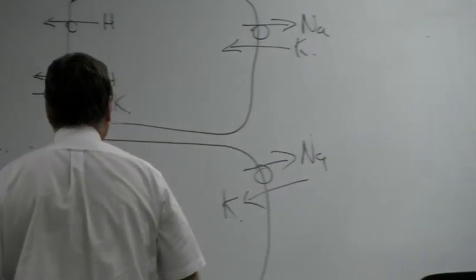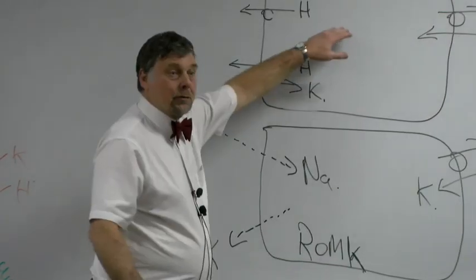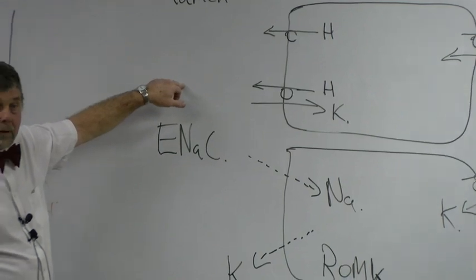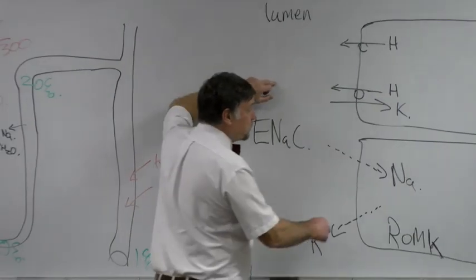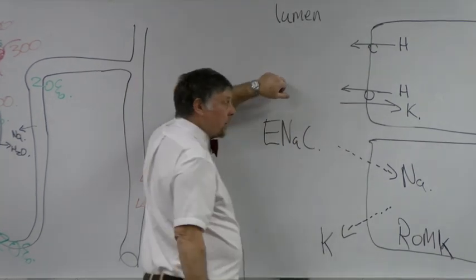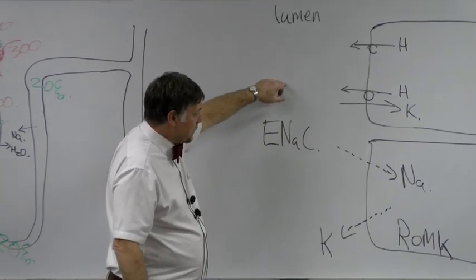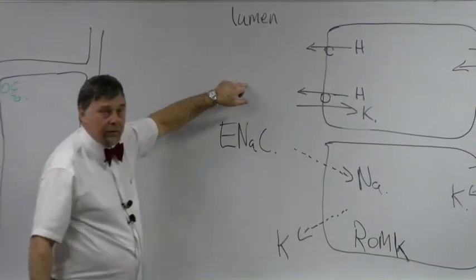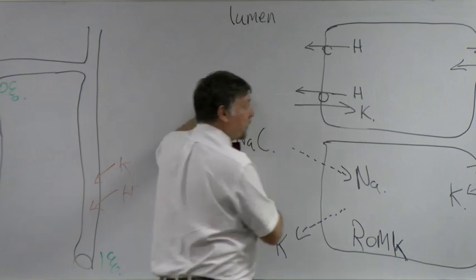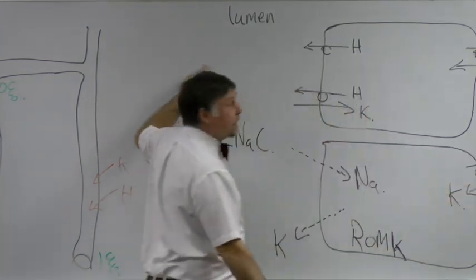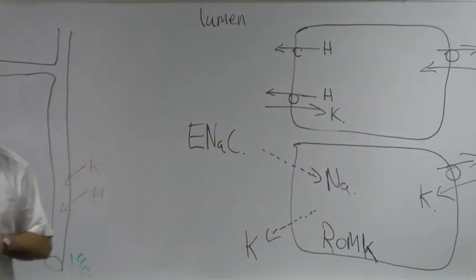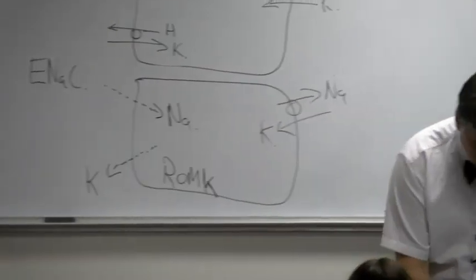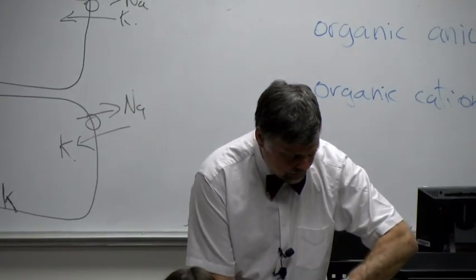Remember, these two cells are in close proximity to each other, and so the potential for one is the potential for the other. Okay, and so, you know, we've got a lot of these cells that are moving, and they're generating a positive potential in that direction. Positive here, negative here. Okay? Good question, thank you. All right, let's take a break and come back just before 10 past.